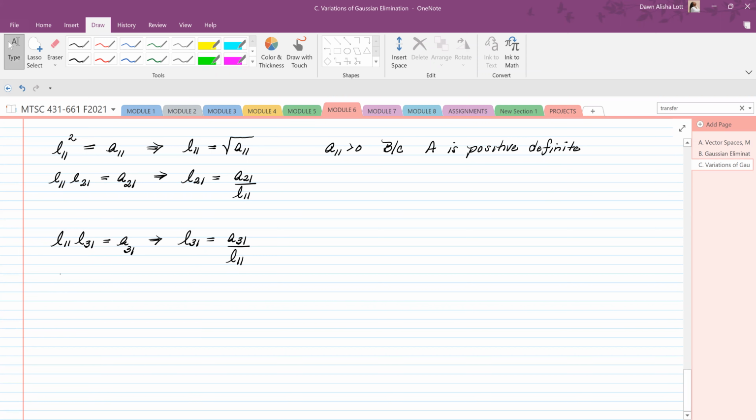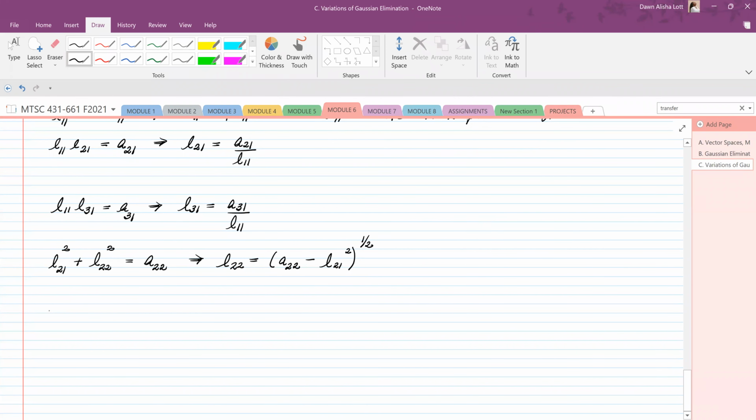We get L21 squared plus L22 squared has to equal A22. So that implies that L22 is going to take A22 minus L21 squared, which we already know, and take that to the 1/2 power, or the square root of that.